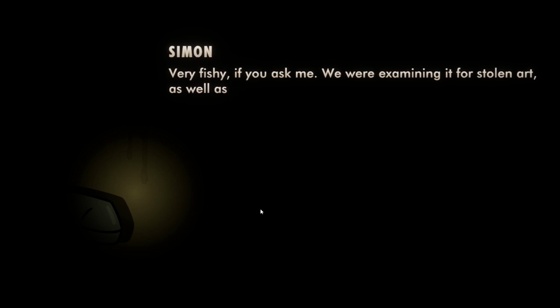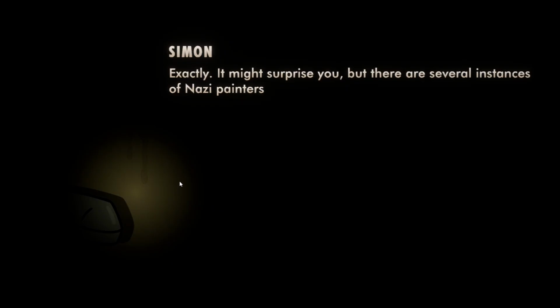We were examining it for stolen art as well as cases of work being passed off as Rothberg. Forgeries? Exactly. It might surprise you, but there are several instances of Nazi painters forging Jewish work. What? What? They're not honorable? That's shocking. Anyone in particular? Rothberg?